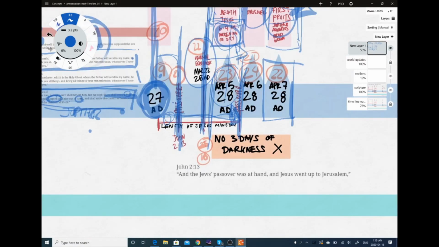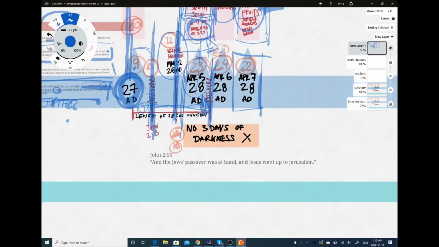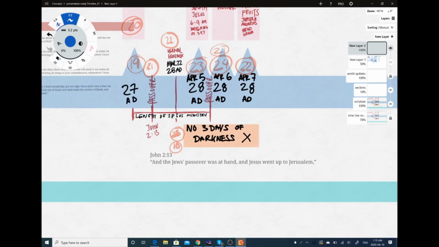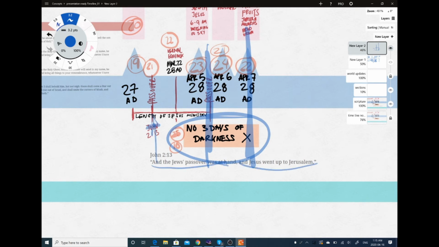And so this is kind of important for our timeline, because if he dies before, let me just get rid of this now. If he dies the day before Passover, and he's risen on first fruits, you have no 3 days of darkness. Of course, this is reiterating that the Jewish Passover is at hand when Jesus was first showing up in John.